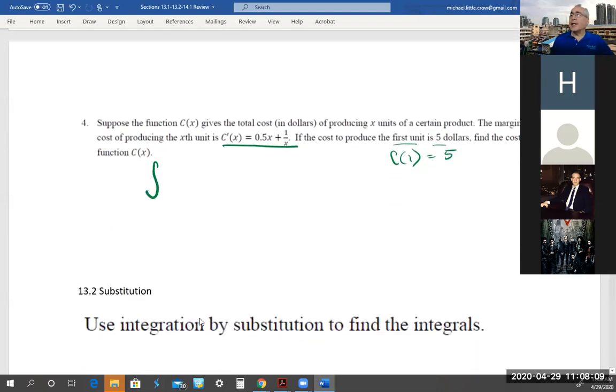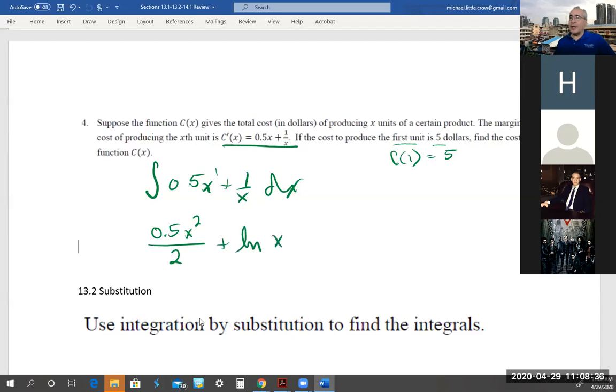So we're integrating 0.5x plus 1 over x dx. This one is x to the first, so we get 0.5 x squared. We're adding 1 to the exponent and then dividing by the new exponent. 1 over x integrates as natural log of x plus a constant.